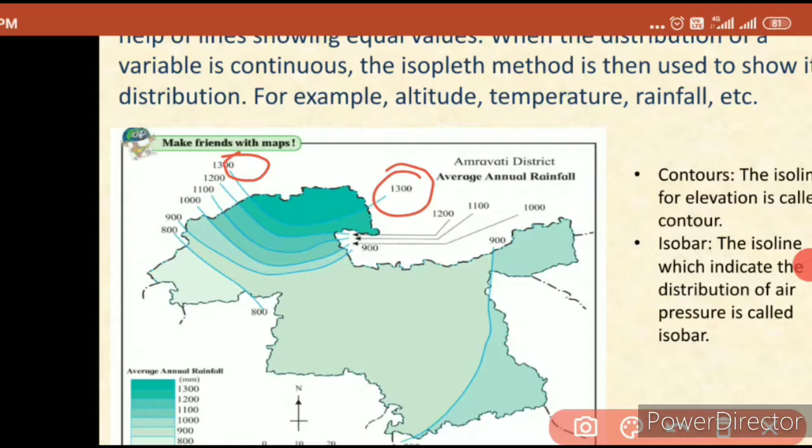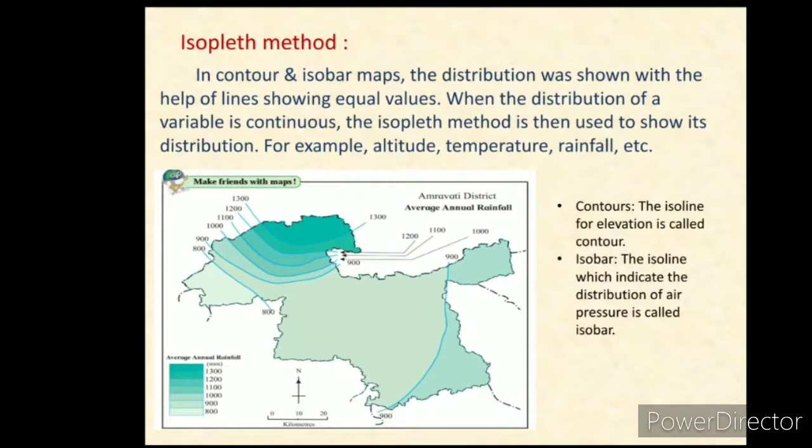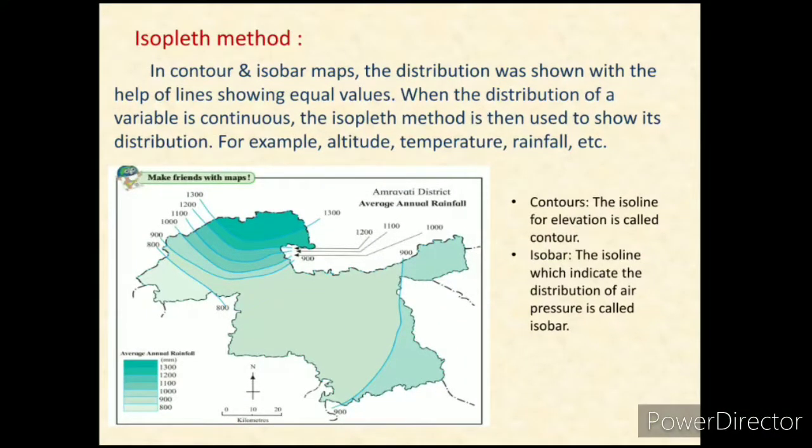It is the map of Amravati district and average annual rainfall is shown here, and these lines joining the places where the equal rainfall is there are called isolines. Okay, so they join the places where the variation is equal.